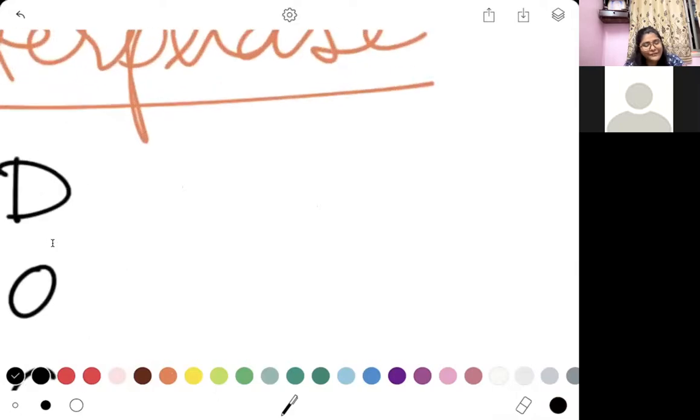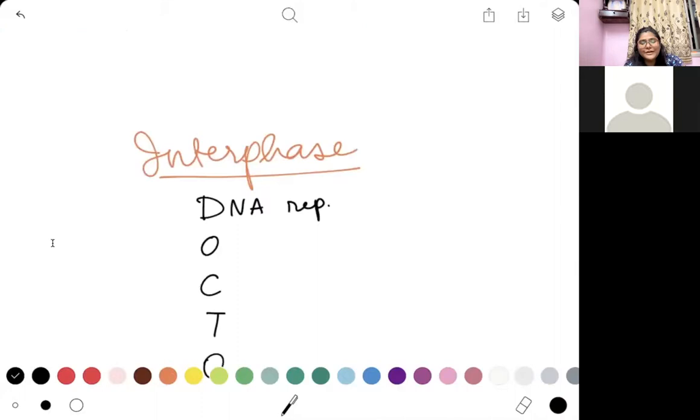Your interphase allows for DNA replication. It is during your interphase that the process of DNA replication takes place. Your organelle replication also takes place during this period. So if you want to grow new organelles, or grow more DNA, it is going to happen at the point of interphase.